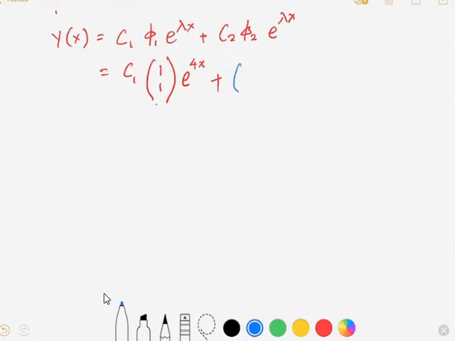Vector 2 is x plus 1, x plus 4 over 3 for lambda equal to 4.